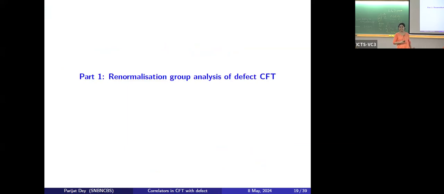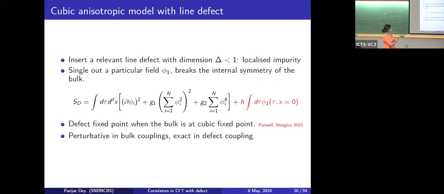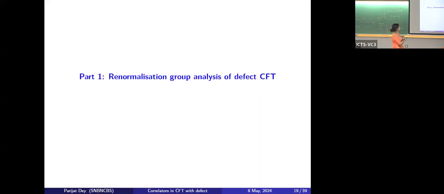Okay, so any other question about this? Okay, so now we can try to talk about the renormalization group flow through the line defect. You're talking about the line defect here? Yes.